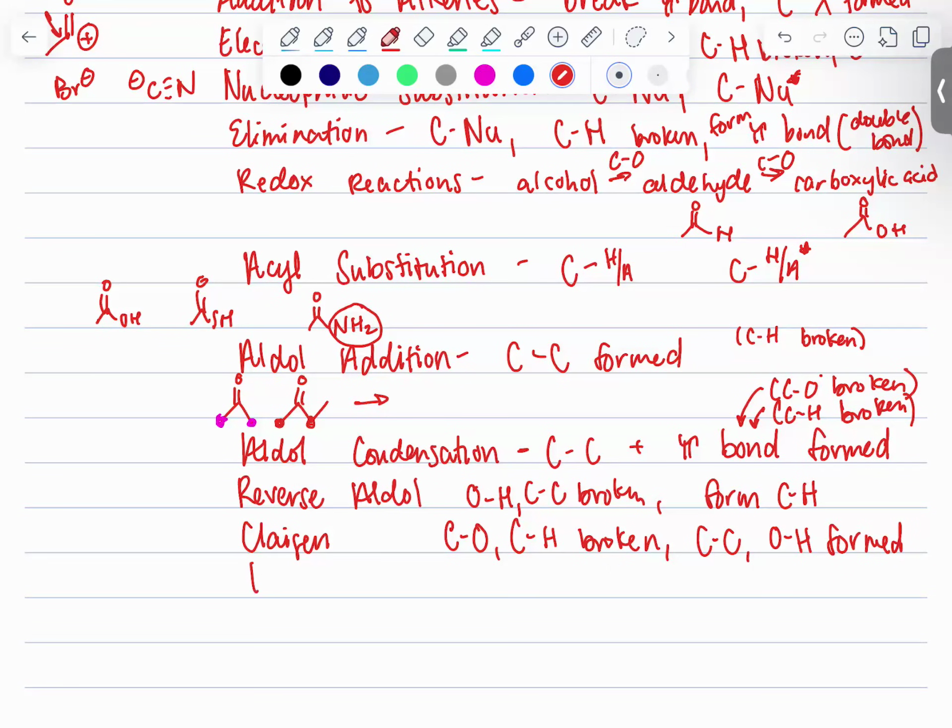Okay, last set of reactions here. We have imine formation. What kind of bonds are we breaking versus what kind of bonds are we forming?